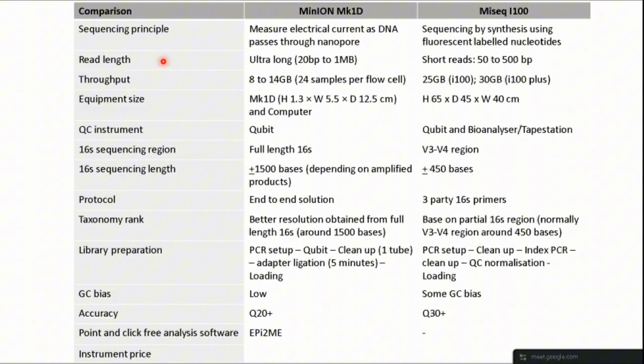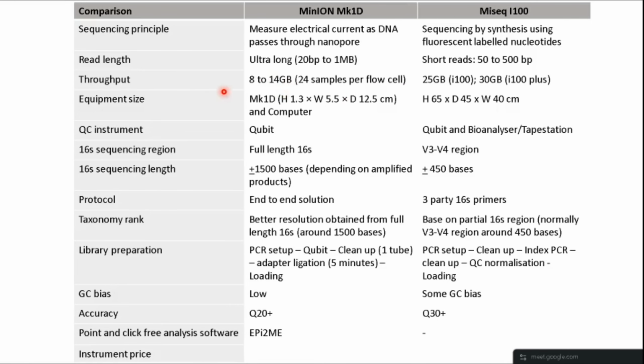The read length is also different between these two platforms. With nanopore, we can sequence DNA fragments from as short as 20 bases up to even a million bases. Whereas the Illumina system currently has a fixed sequencing length, ranging from 50 bases up to 500 bases.